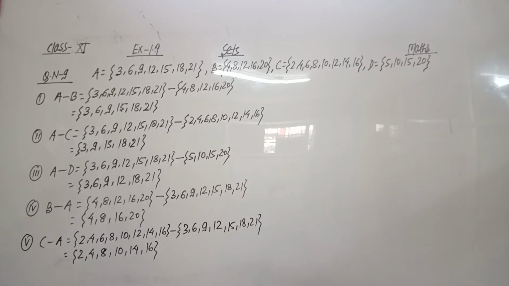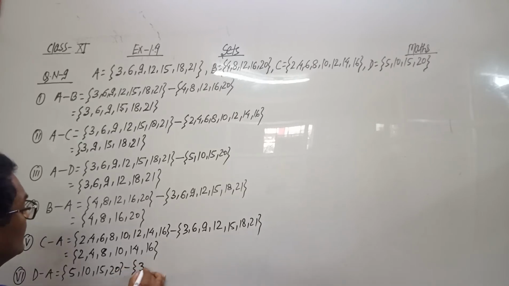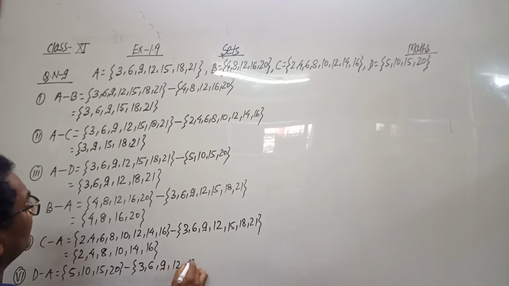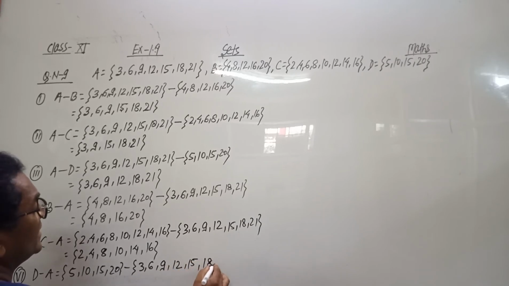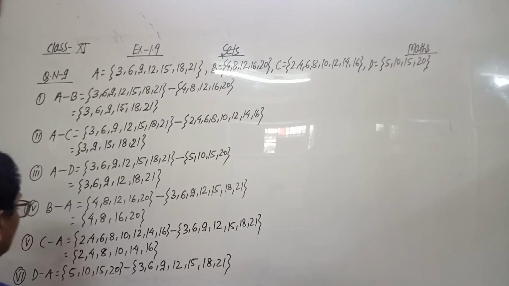Then the next part, D minus A. The elements of set D: 5, 10, 15, 20, minus A: 3, 6, 9, 12, 15, 18 and 21.